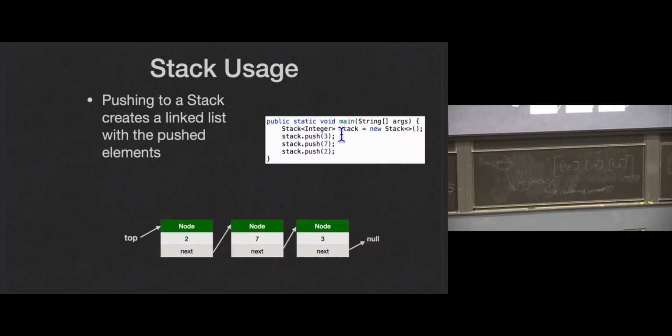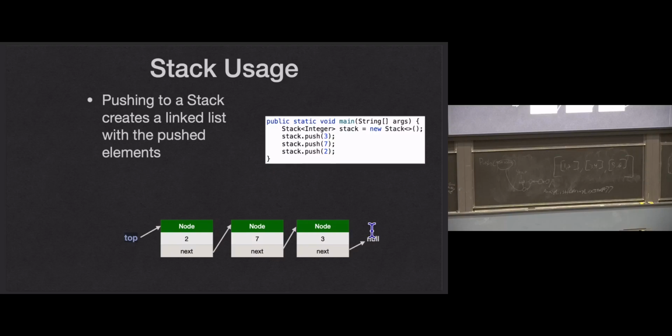So pushing to a stack, we're going to run this code. Pushing 3, we create an empty stack where top is a reference to... wait, where top, with a Q, I go through it step by step. But stack has an instance variable top with a reference to null. We're going to push 3.